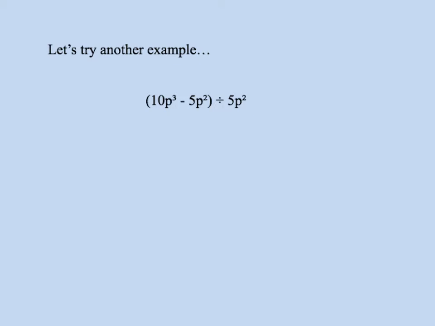Let's start with the numerical coefficient in our first term. 10 divided by 5 is equal to 2. P cubed divided by p squared. Keep your base the same, subtract your exponents. P, 3 subtract 2 is 1, but we don't typically write 1 for an exponent.